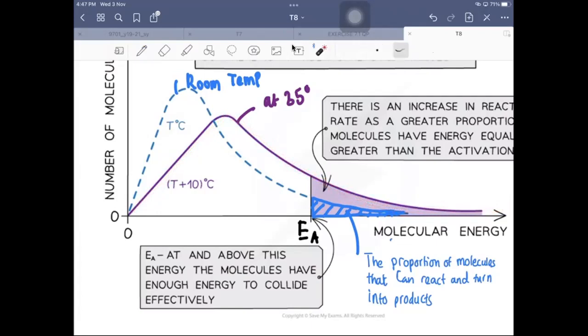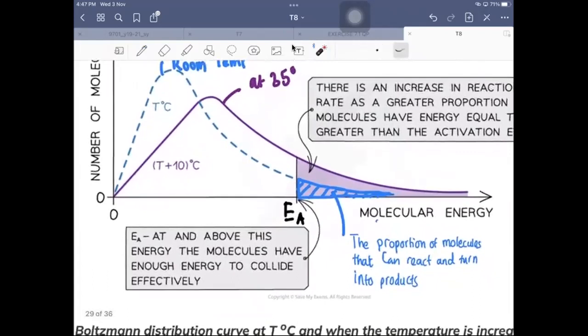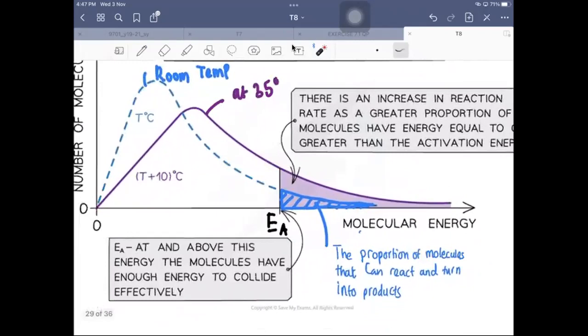So this is what happens when temperature increases. As you would imagine, my energy would be bigger, so my graph would be shifted to the right in the direction of increasing energy.